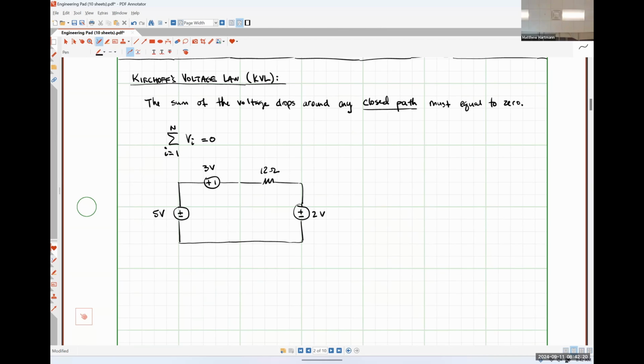And I am going to choose, just for illustrative purposes, that this voltage drop will have its positive polarity terminal on the right. There's nothing about the resistor itself that's telling me to put the positive polarity terminal on the left or on the right.